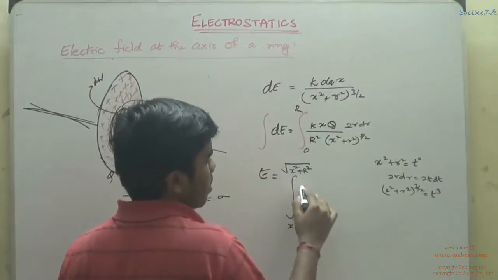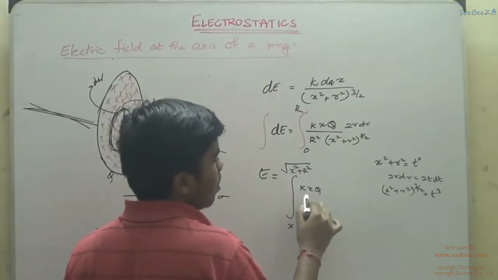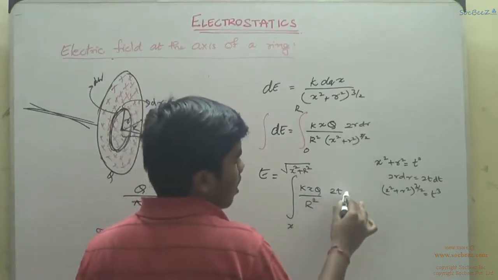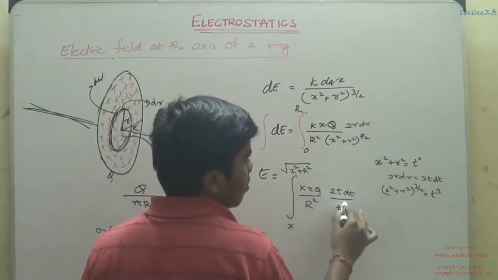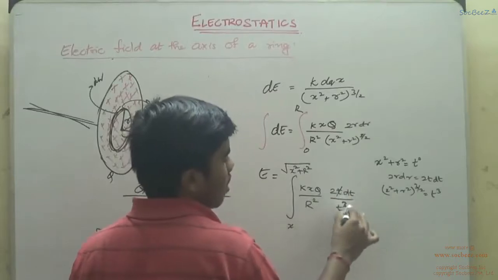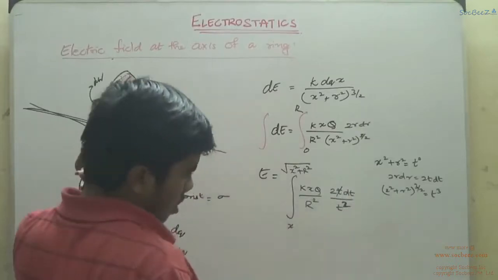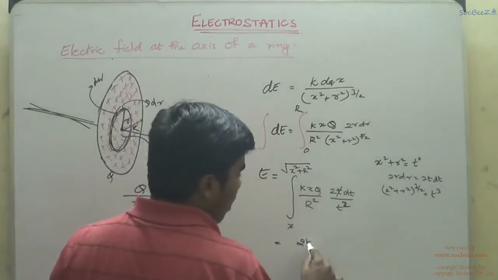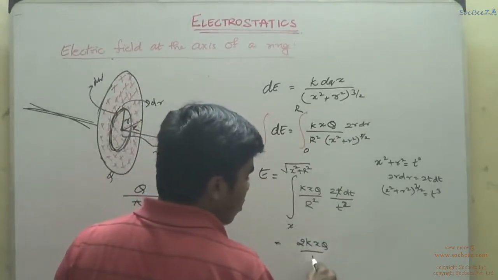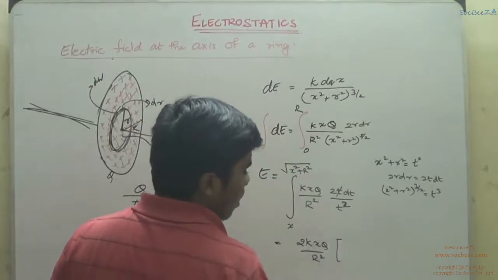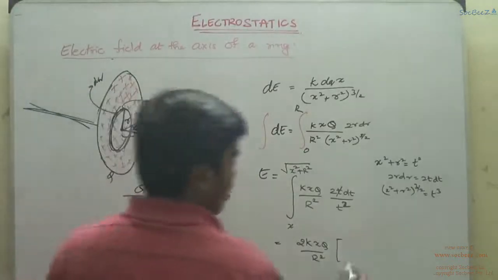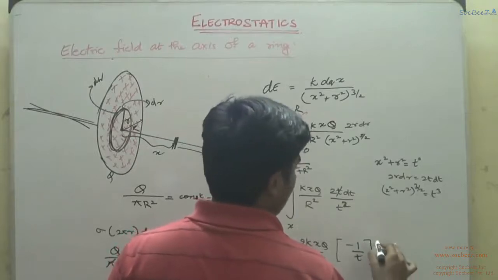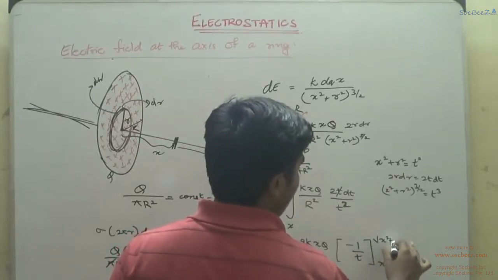So this becomes kx by R square times 2t dt by t cube. So this t and this t square. Now this is equal to 2kx by R square times, so integral of t power minus 2 is minus 1 by t, limits being x, root over x square plus R square.